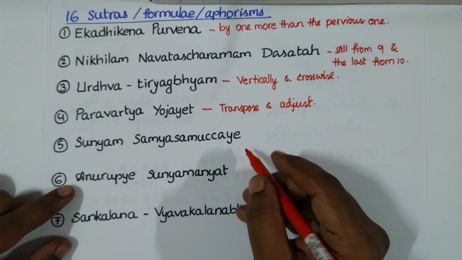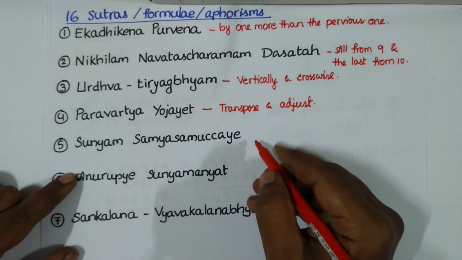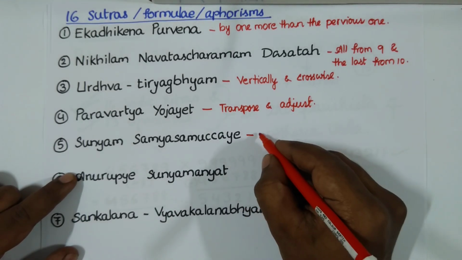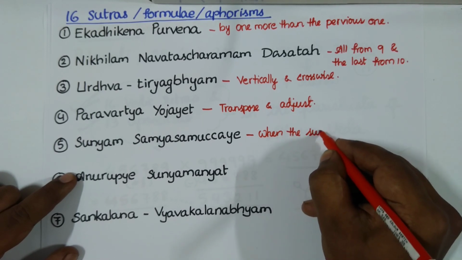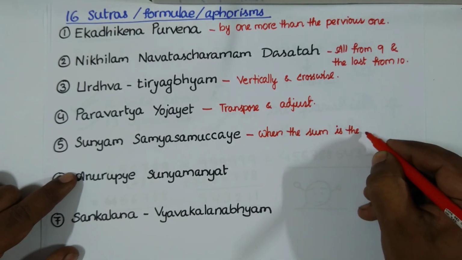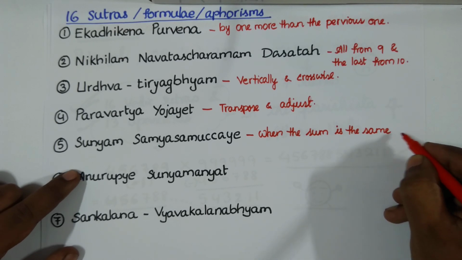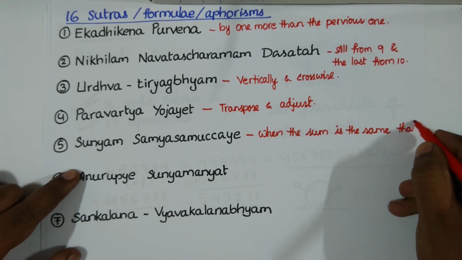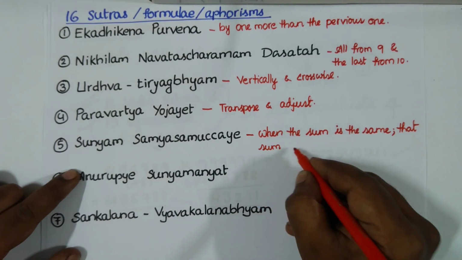And fifth one, Sunyam Samya Samuchaye. As of now, you may not get things. We are just listing out each and everything, and we will unlock everything, don't worry. Just follow these things for now. When the sum is the same, that sum is 0.